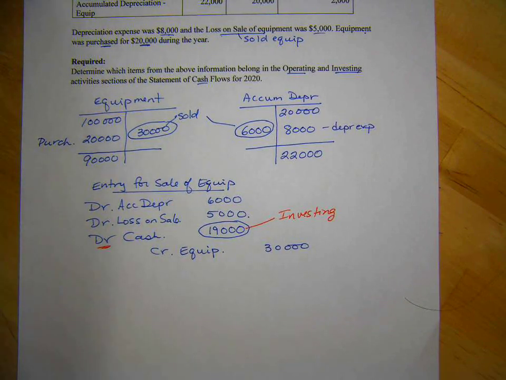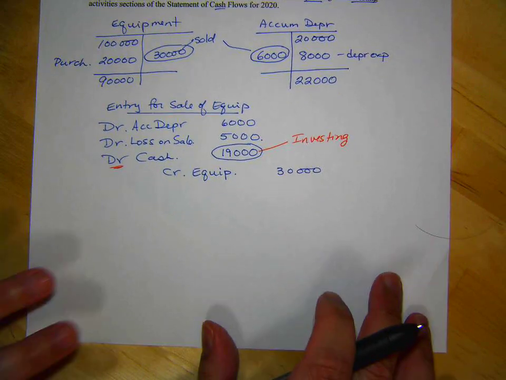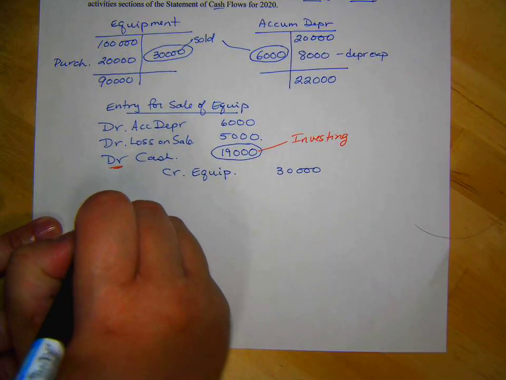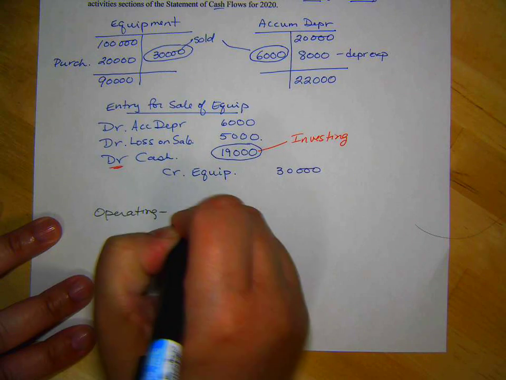So let's just list our sections and see what goes in them. Operating, direct method.